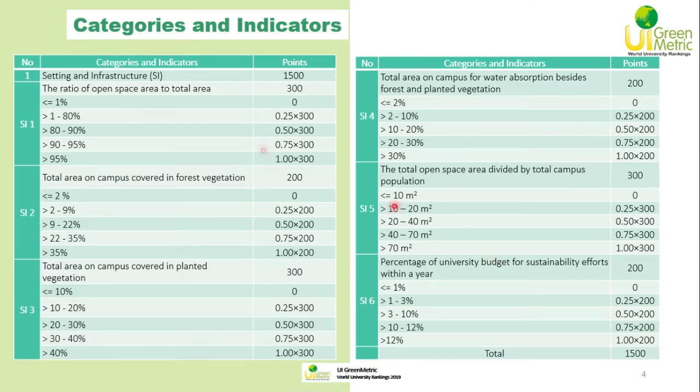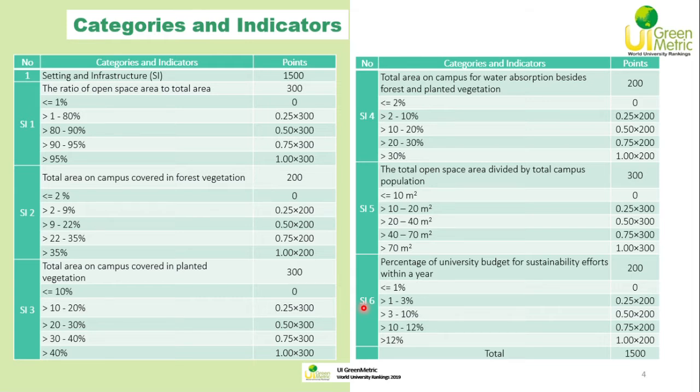Category 1, setting and infrastructure, has 6 criteria. The keywords in this category are area and space, open, vegetation, water, and budget. The most important one, however, is open.